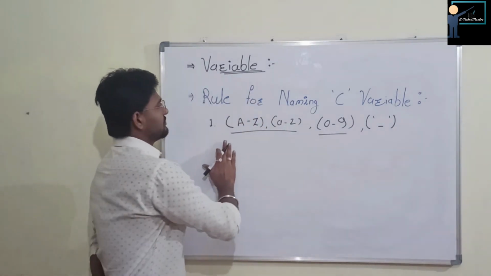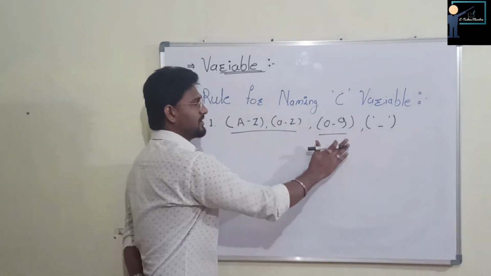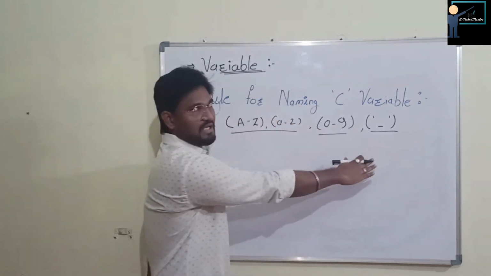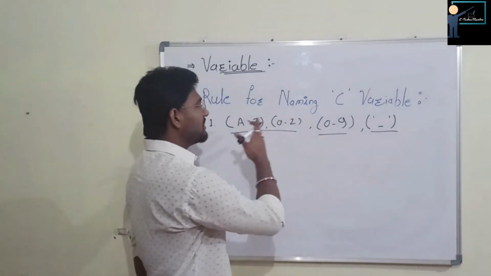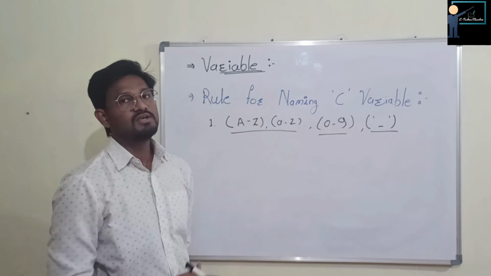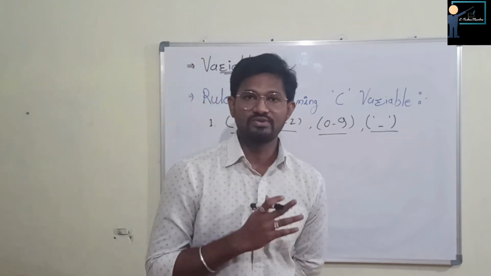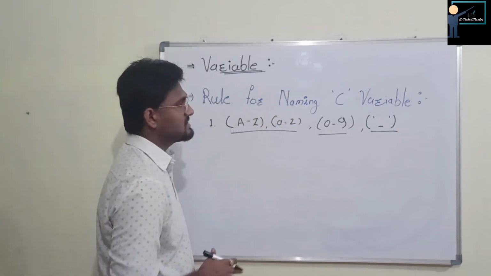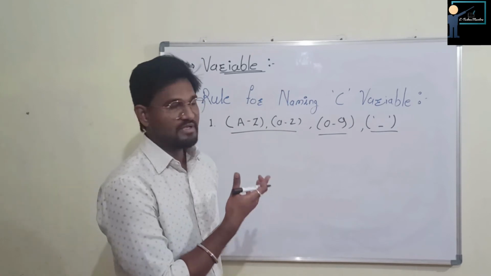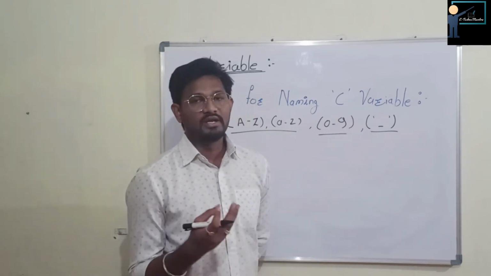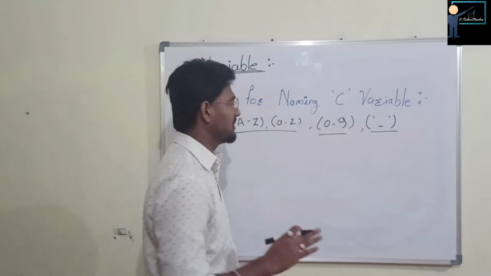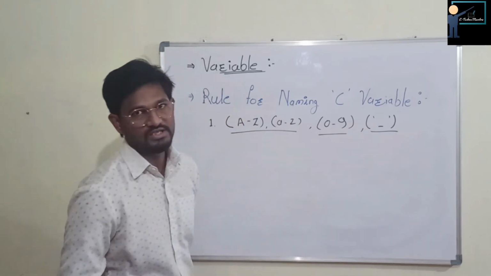So you can use alphabets, numbers or underscore as a special character, or a combination of all. That is the first rule. Apart from this you cannot use any other special character like at the rate or percentage. You can use only one special character, that is underscore.